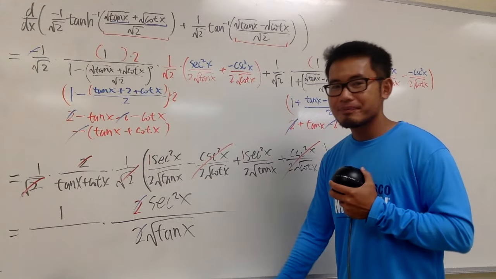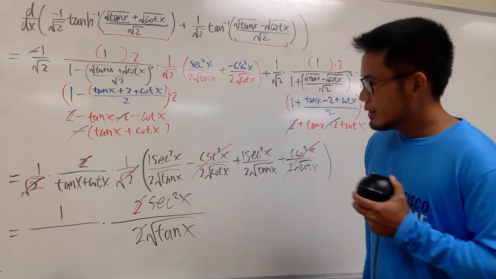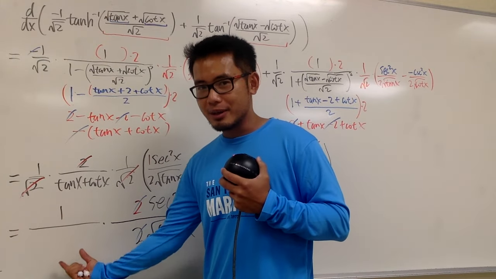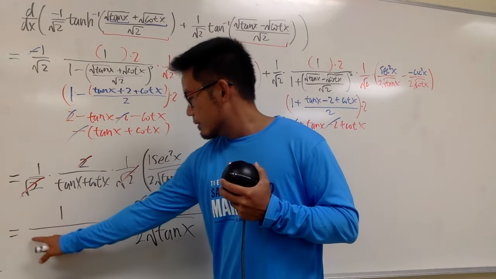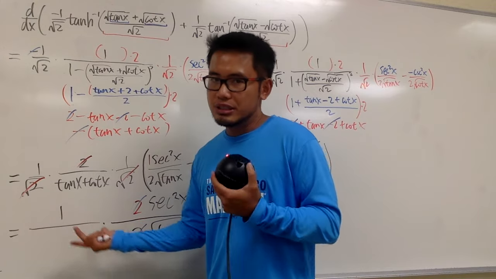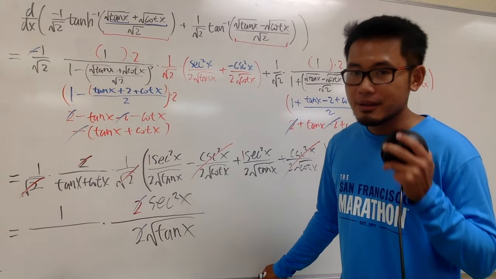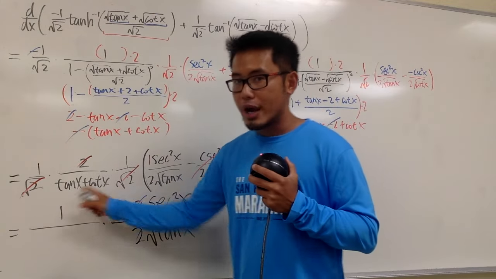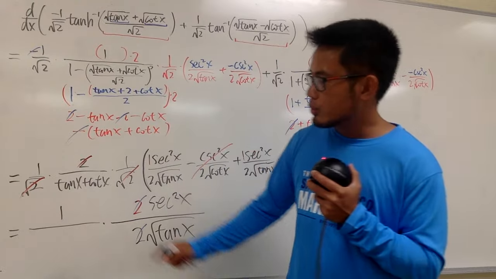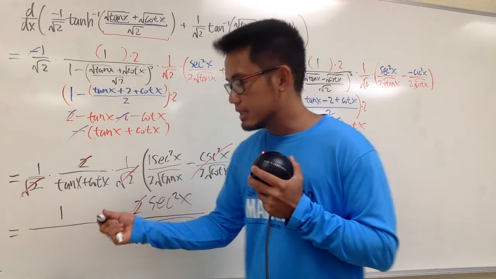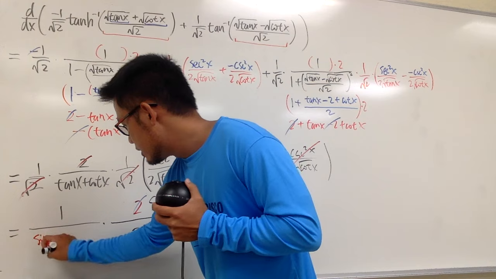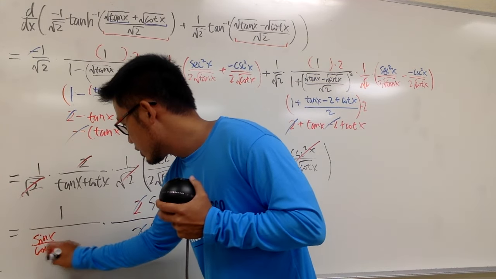That's nice, right? Okay, now earlier I was supposed to put this down here, but if I did tangent x plus cotangent x, you wouldn't see too much. And the reason that I didn't do that is because right here I am going to write tangent x as sine x over cosine x.